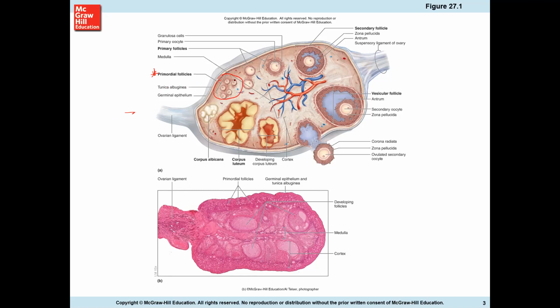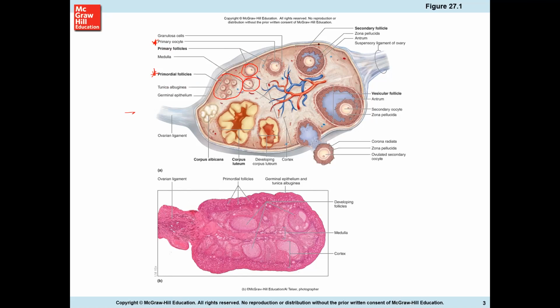And they have to undergo mitosis first because they're 2N, they're diploid. But then you have your primary follicles, which contain primary oocytes, right? Now, the primary oocytes will start meiosis anyway, and before puberty, it'll stall in prophase 1.